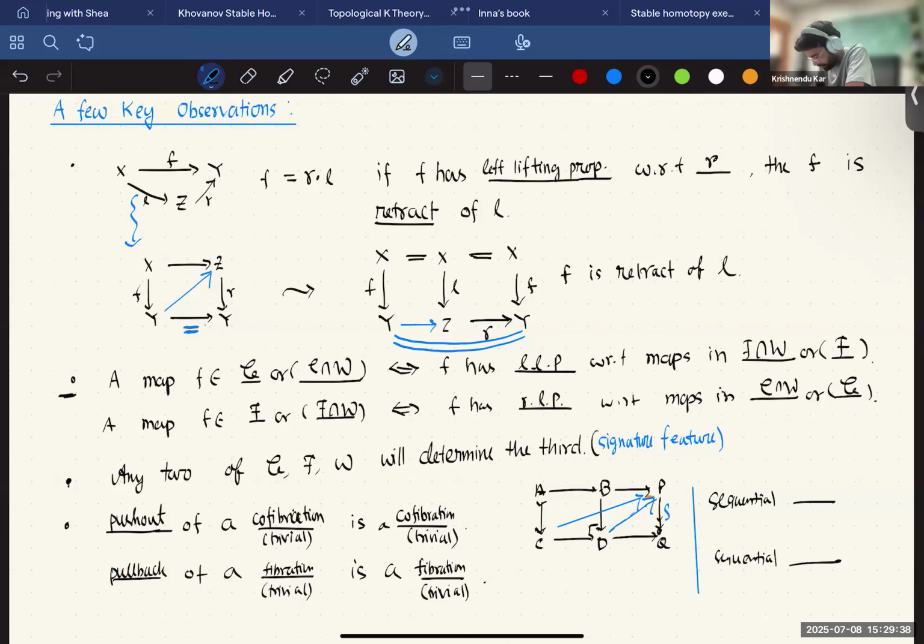And this is also closed under sequential colimits and limits. So this is for cofibrations, this is for fibrations. This is how your cofibrations and fibrations quite nicely interact with each other.